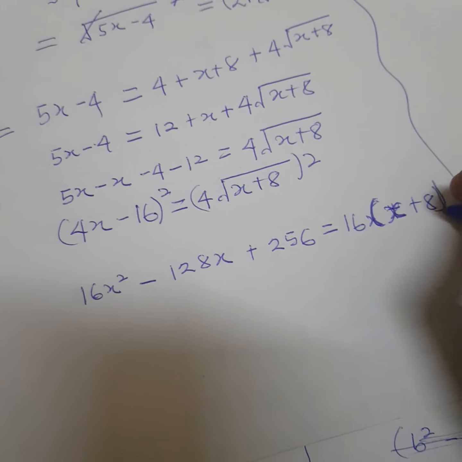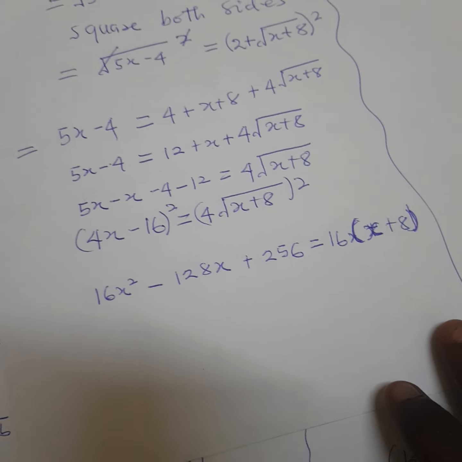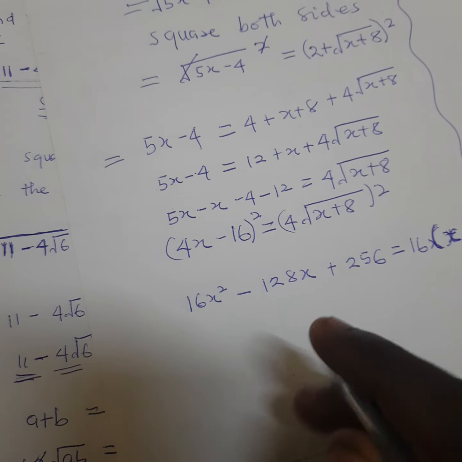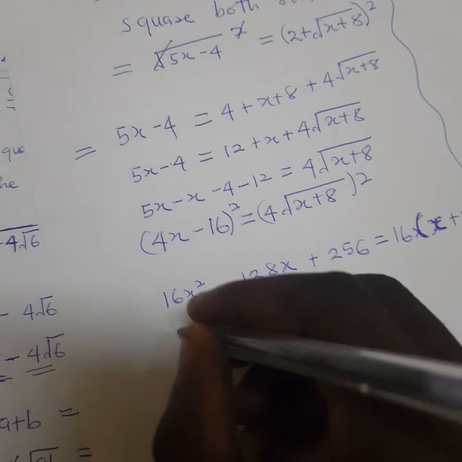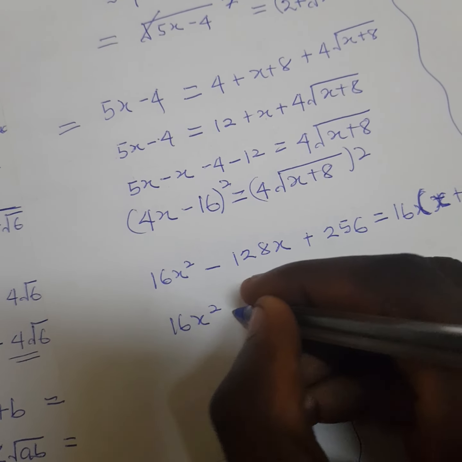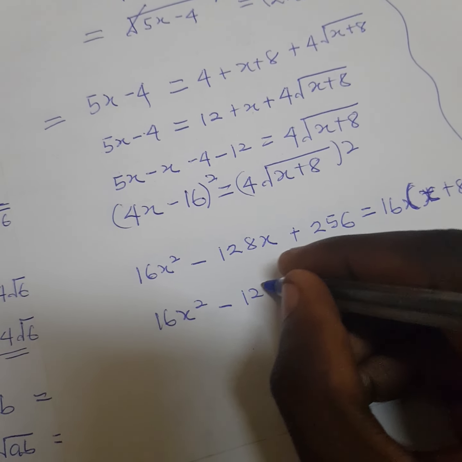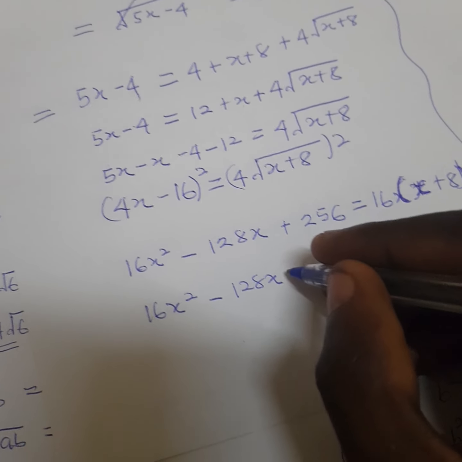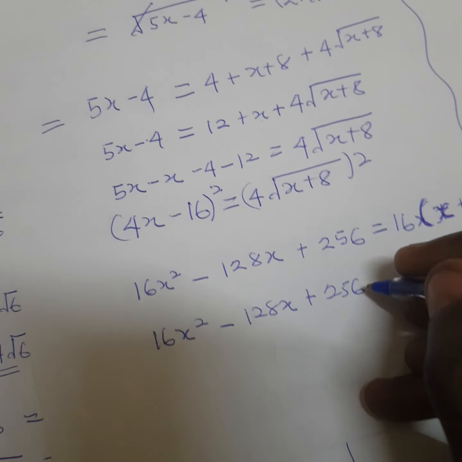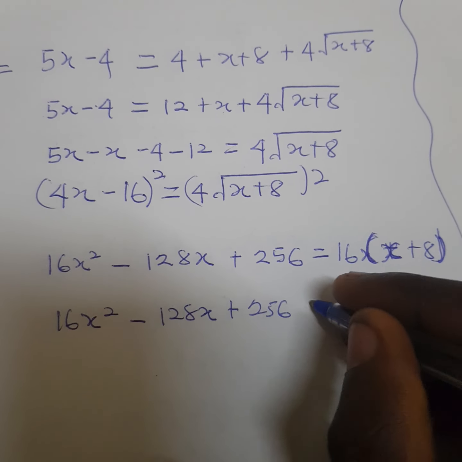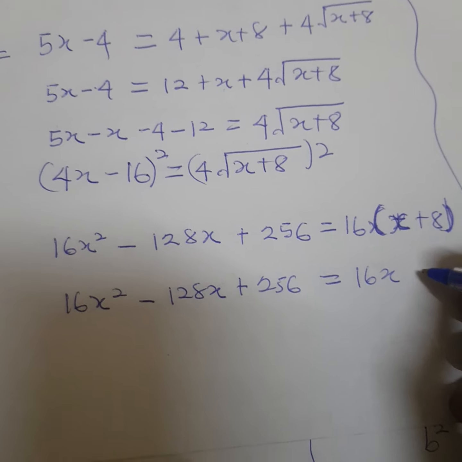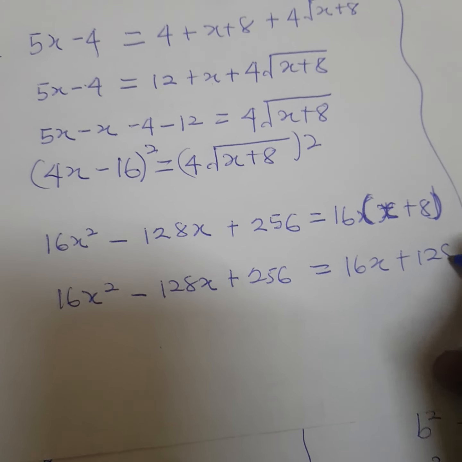That is if you simplify. So when you get this, the next step will be 16x squared minus 128x plus 256 equal to 16x plus 128.